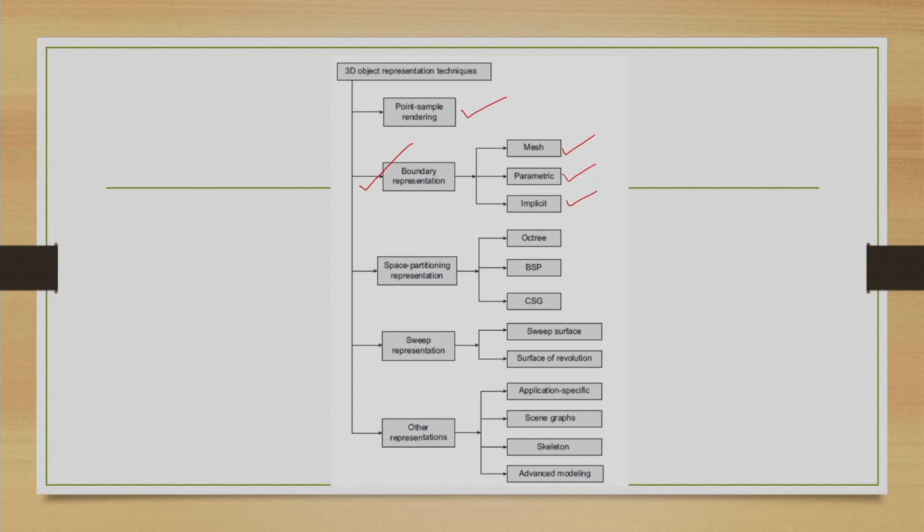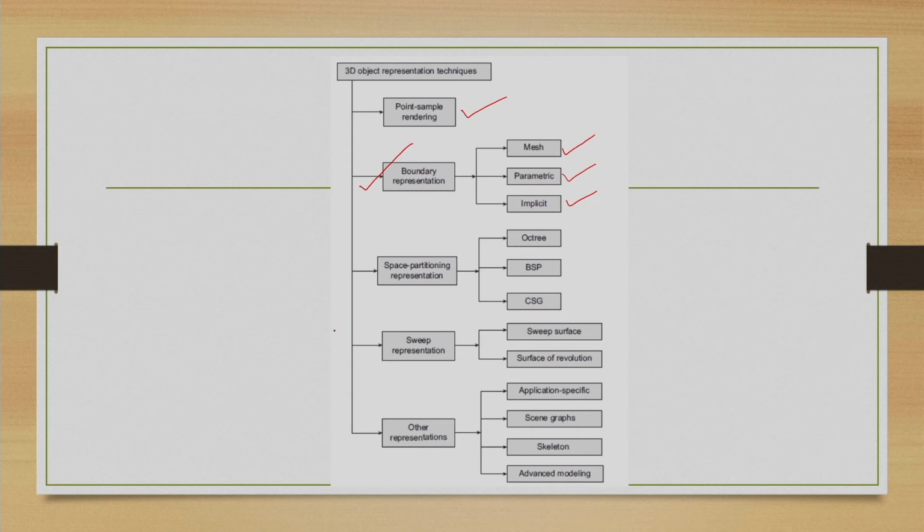In the previous few lectures we talked about point sample rendering, the boundary representation techniques including mesh representation, parametric representation and implicit representation. Also, in the previous couple of lectures we discussed in detail one of the very popular parametric representation techniques, namely the spline representation.